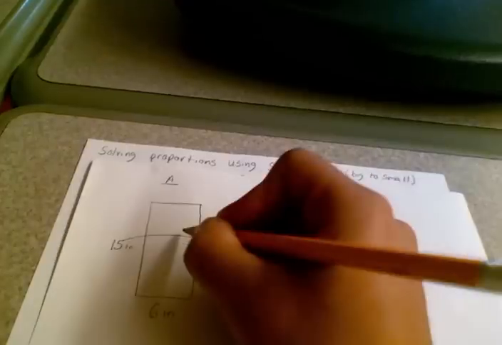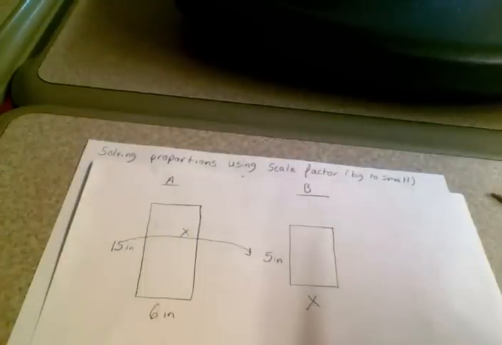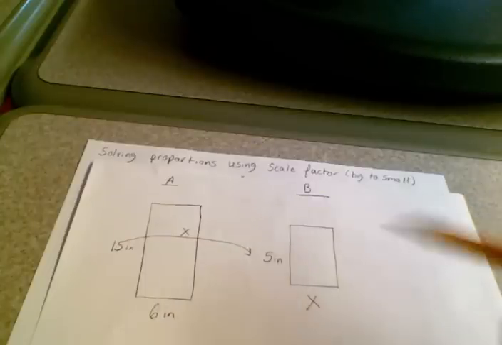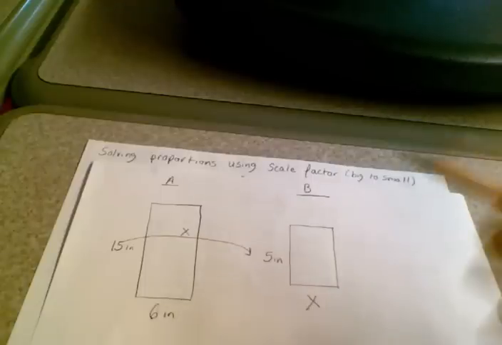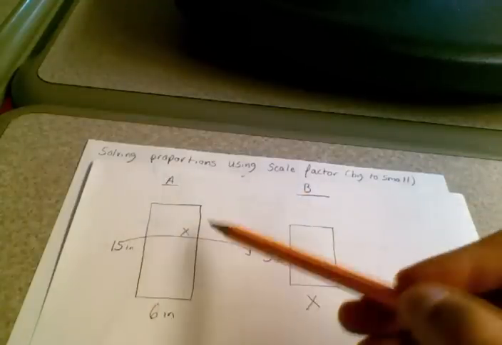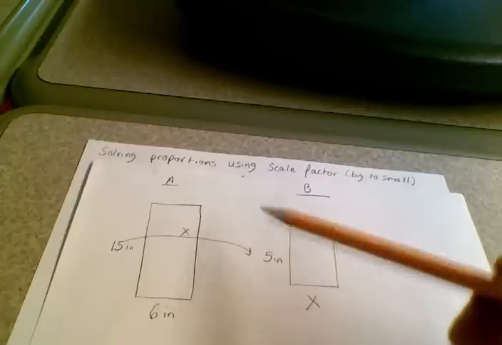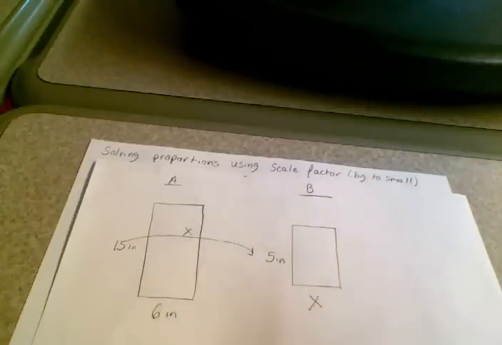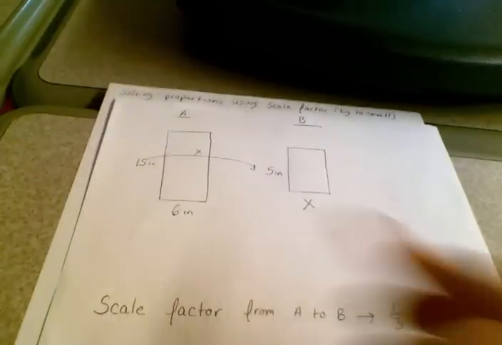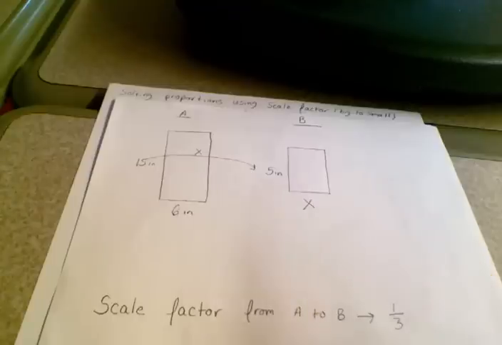Well, we're not multiplying by 3, because 15 times 3 is not 5. But we can think in terms of fraction form, or the reciprocal of 3, which would be 1/3. I do know that 1/3 of 15 is 5. So my scale factor from A to B is 1/3.